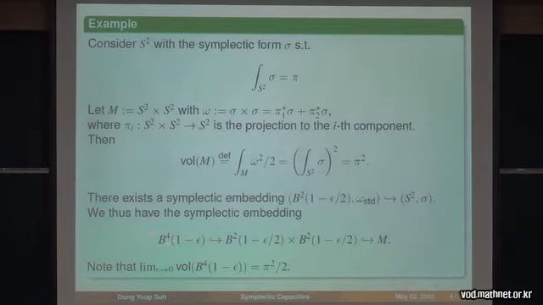Thus we can embed B4, the 4 ball, into B2 of epsilon over 2 times epsilon over 2, a product, and then this can be embedded in M. So if you take the limit, epsilon going to zero, then the maximal volume of the ball which can be embedded in this way is pi squared over 2. So this is a simple example.